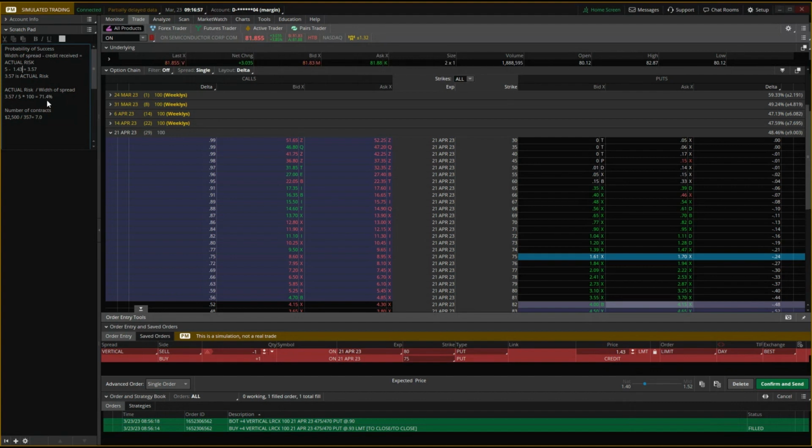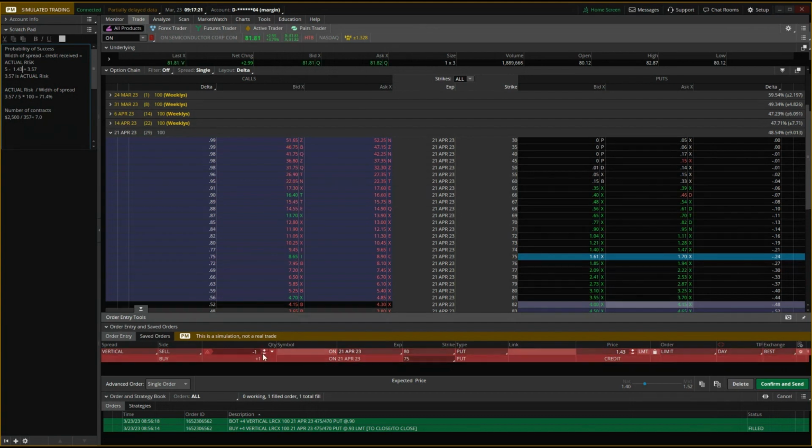I like to get around 70% or higher. So I like these numbers. So based on that, I decided, okay, I'm going to put $2,500 of my capital into this trade. So how many contracts does that equate to? Right. You take the $2,500 divided by the actual risk, and that works out to 7 contracts.